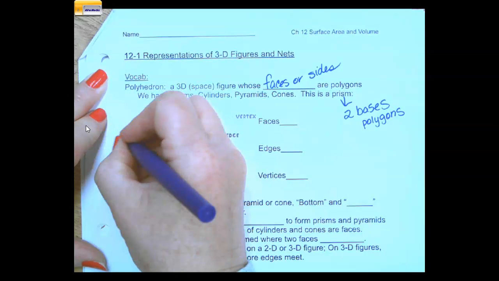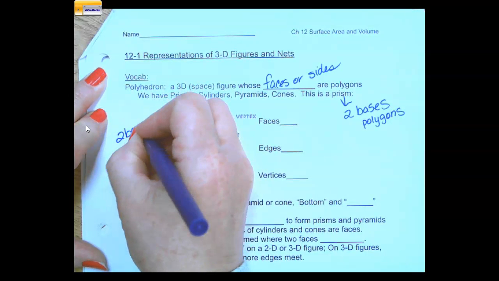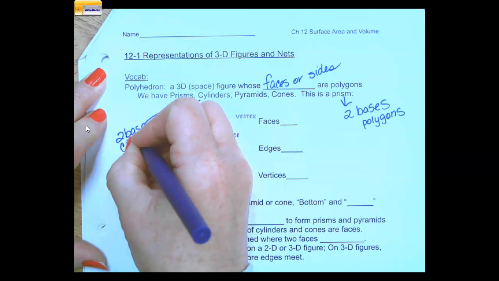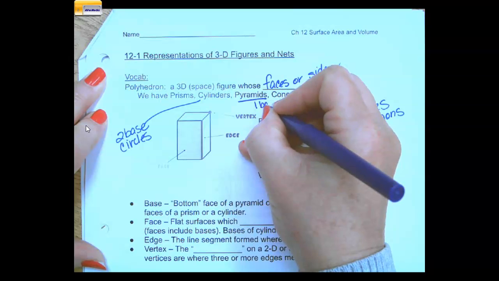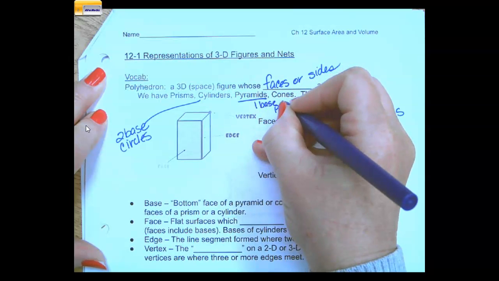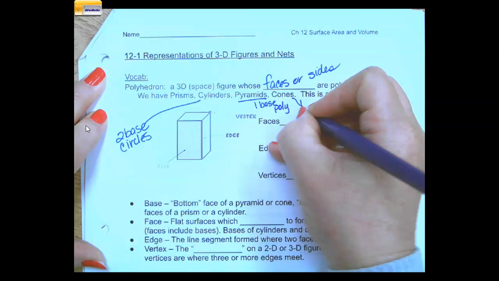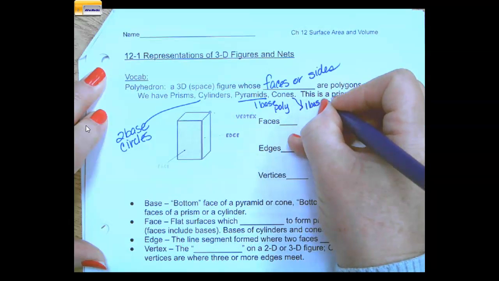A cylinder has two bases that are circles. I know this seems like you should know this. A pyramid has one base that's a polygon, and a cone has one base that's a circle.